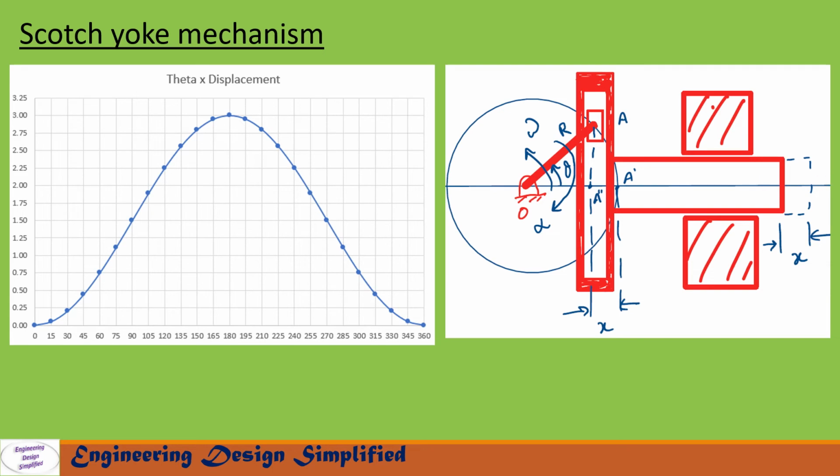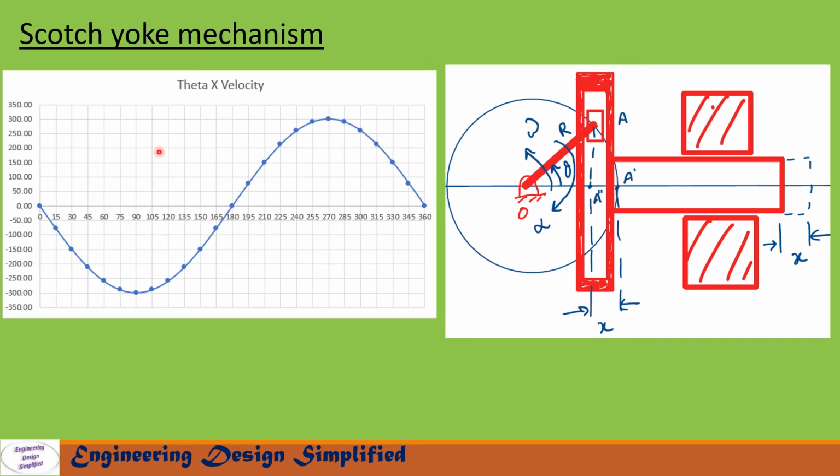In this graph, we have plotted theta versus velocity of the plunger, theta along the horizontal from 0 to 360 and velocity of the plunger on the vertical. When theta equal to 0, the plunger is at its rightmost position and velocity is 0. When theta is 90 degrees, the velocity of the plunger is maximum in the negative direction.